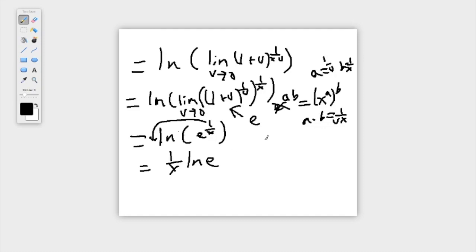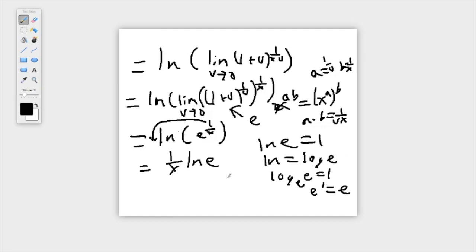And then ln e is just 1, because ln really is the log base e. And the log base e of e is just 1, because e to the 1 is just e.